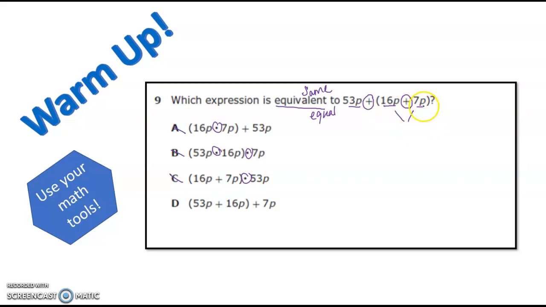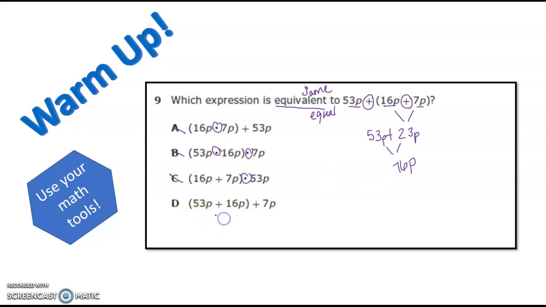16p plus 7p. What does that equal? 23p, right? Plus your 53p. So that equals 76p. Okay, now let's check and see if this is the same.